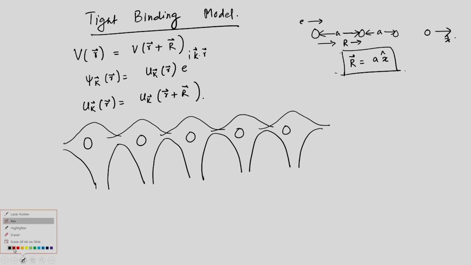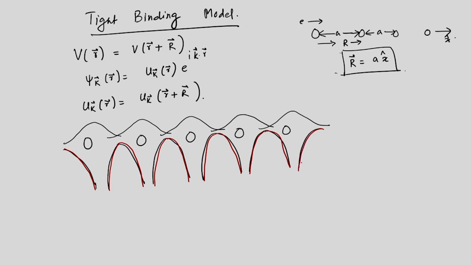Let me use a color to overwrite on this. So this is the potential in red that you are seeing. So an electron is passing through this potential. The electron will be passing like this, and it sees a series of potentials which are periodically placed, which means they are placed at regular intervals given by this a, which is called the lattice constant.